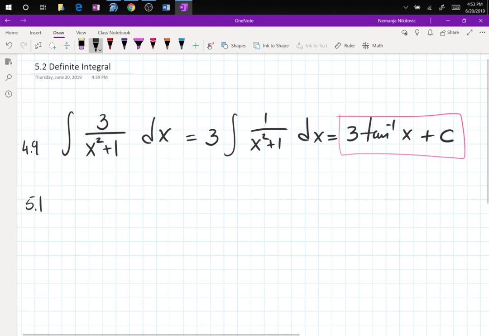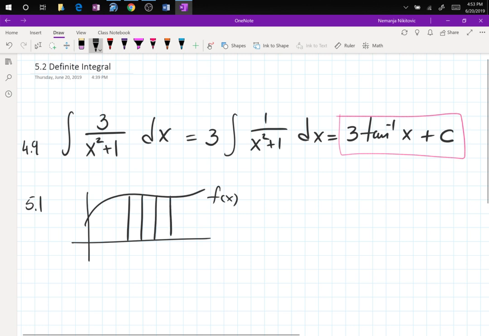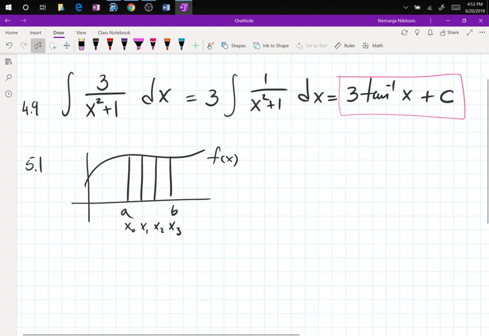In 5.1, you learned to approximate area under the curve. So we have some kind of a function f of x, and then we had these rectangles we made between A and B, and these were x0, x1, x2, x3, and then we were able to approximate the area with delta x as the width of each one of these.